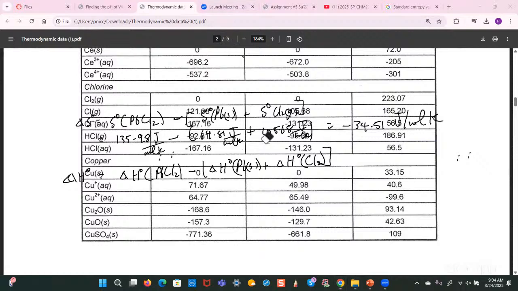So this is incorrect, and it should be 223.07 joules per mole Kelvin. So that means this answer is incorrect. Let me erase this and let's see what the answer is.